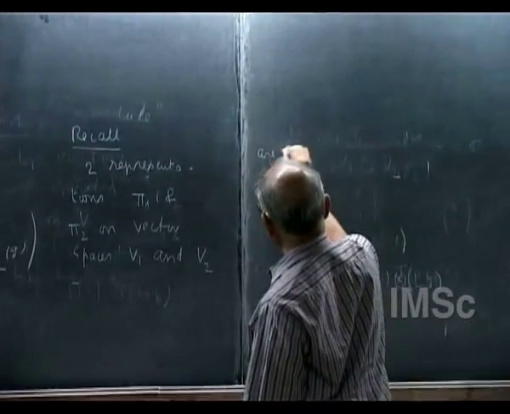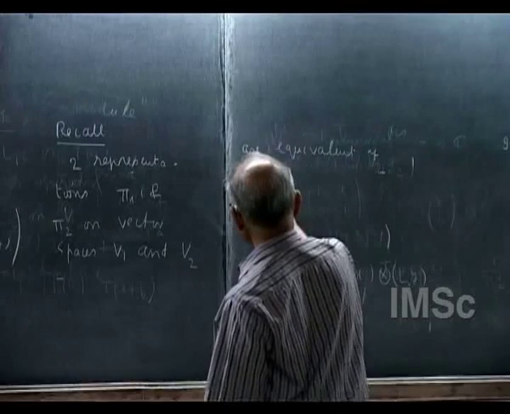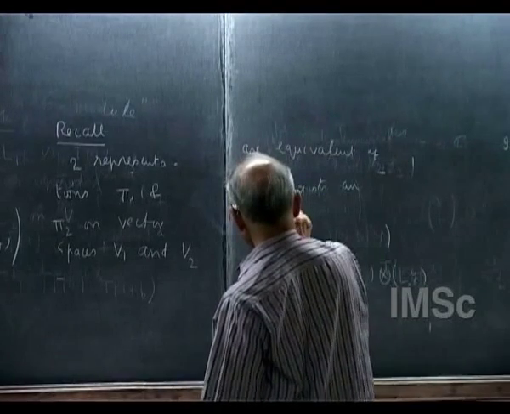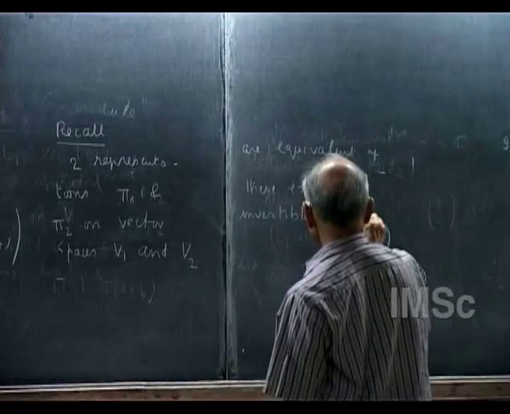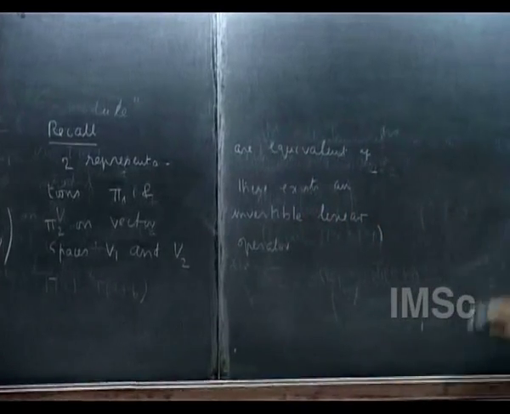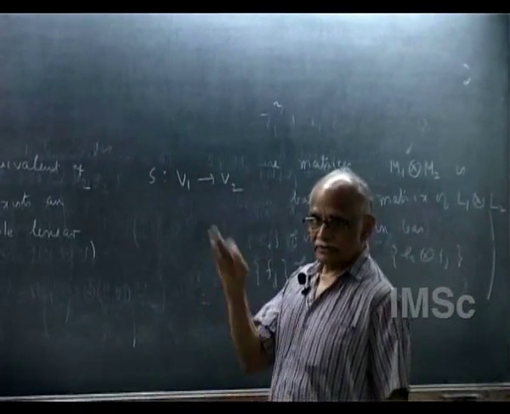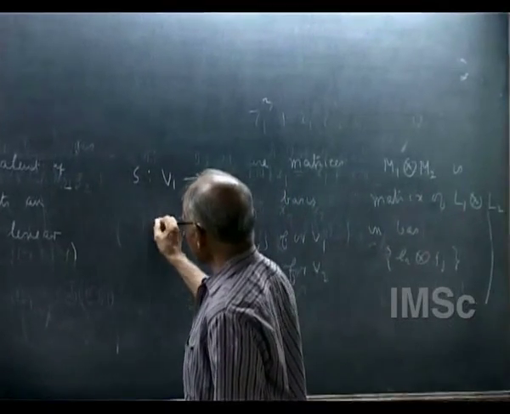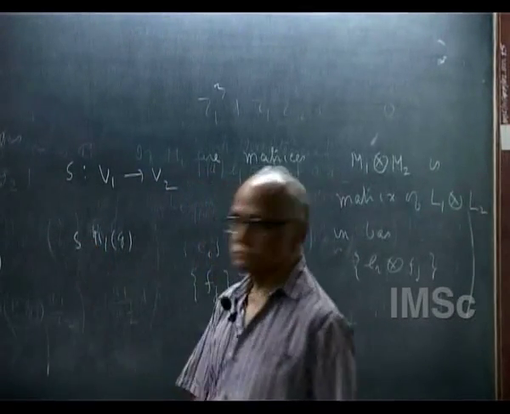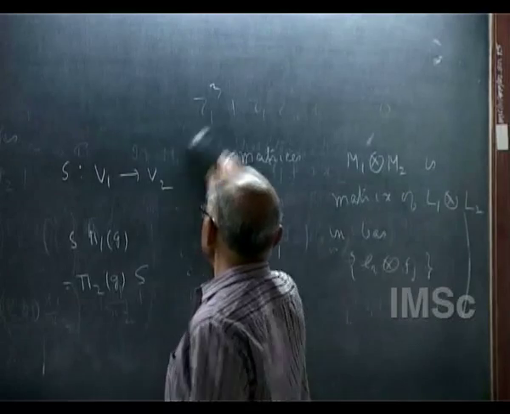are equivalent when? If there exists an invertible linear operator S, which takes you from V1 to V2, could be two different vector spaces, such that if I act with pi 1 of G first, so it is acting on V1, and then apply S, it is the same as S acting the other way.